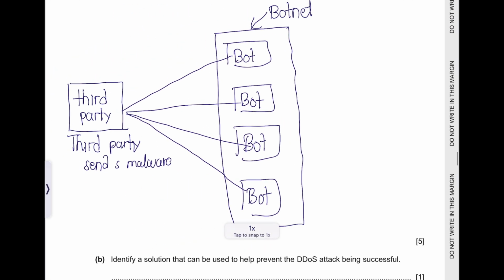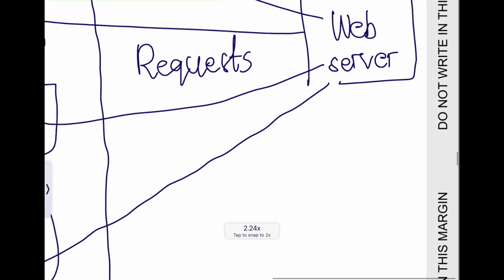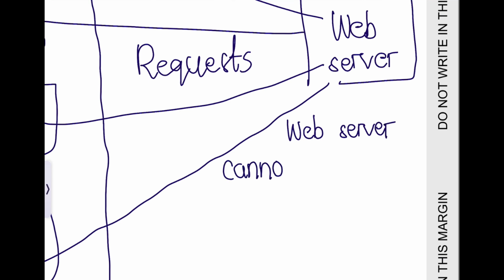After that, you will have a web server on the side. So these all are going to send requests to it. What are these? These are requests. Now because a web server only has a limited capacity, it can only respond to a limited number of requests at a time. So the web server cannot handle the large number of requests.